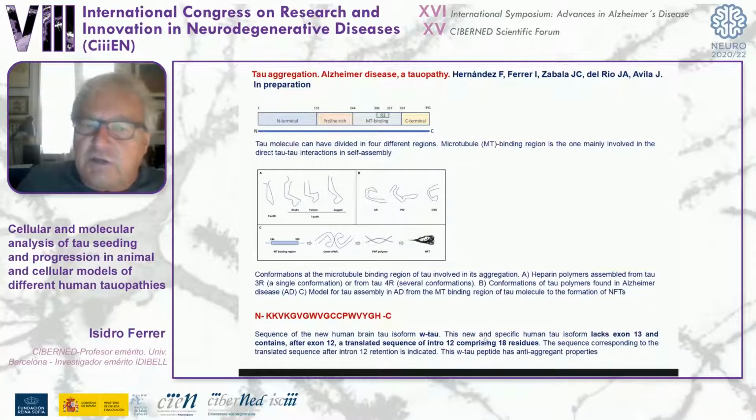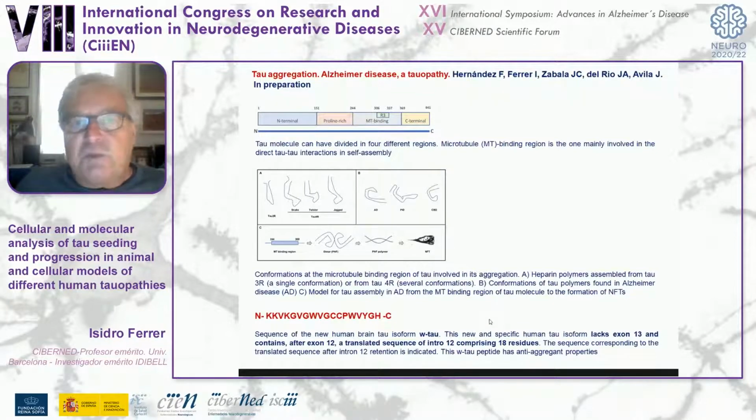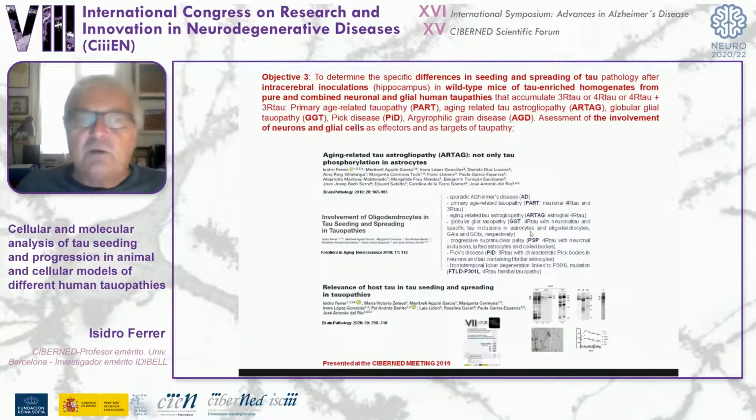So this is a new form of tau. Other teams have to validate this discovery. Although we are always talking about the 6 isoforms of tau in the human brain, there are also other isoforms of tau which are less expressed in the human brain.